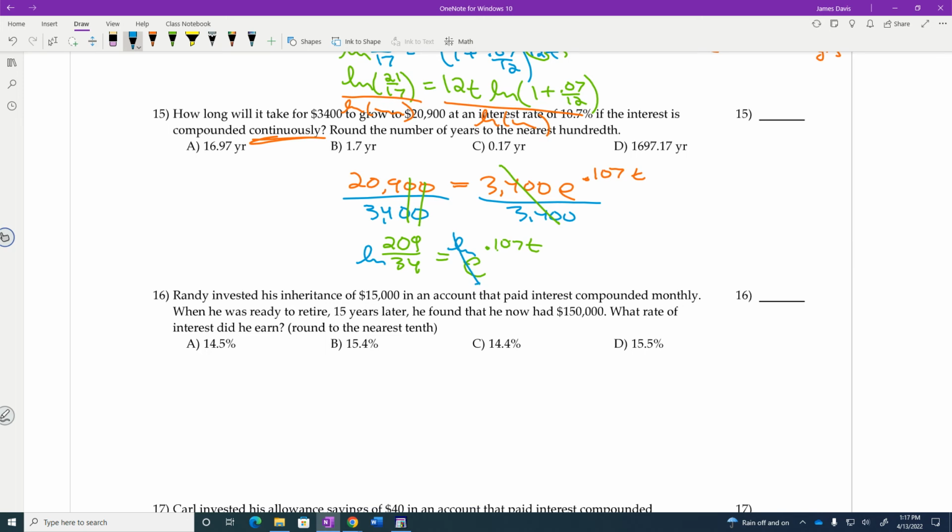That's the natural log of that divided by 0.107. We should have 1.815 equals 0.107t. And then when we divide, we get 16.9.